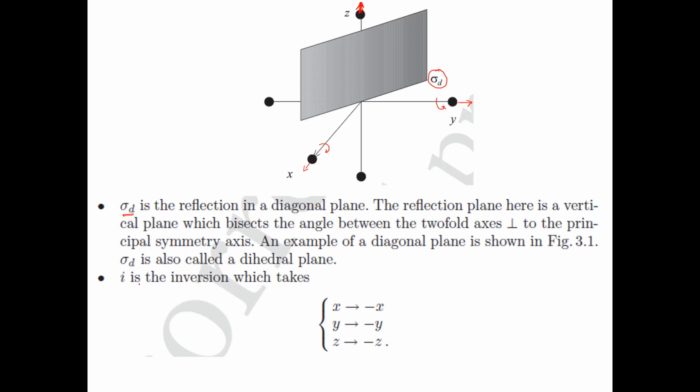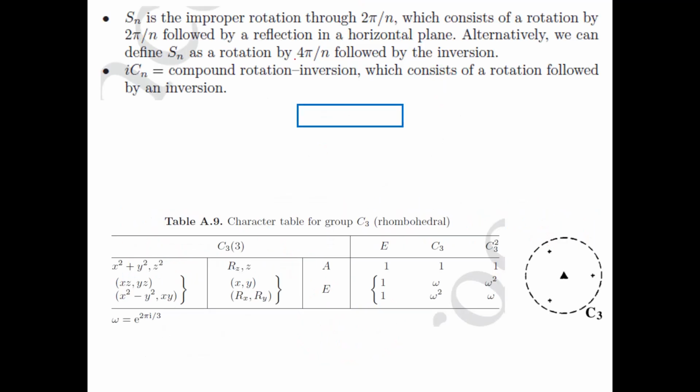So what else can we have? The symbol for inversion is i. Inversion is a symmetry operation that takes x to minus x, y to minus y, z to minus z. We can have improper rotations, as we have seen two lectures ago.